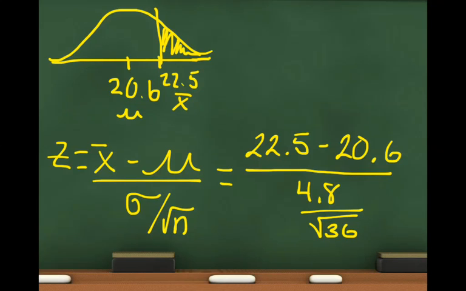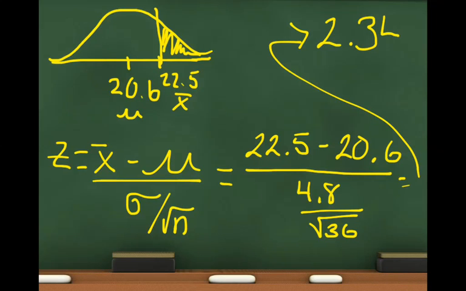And so why don't you find that value there? And so if you found that value, and I'm going to just put it up here, I'm running out of room, you should have got 2.34.